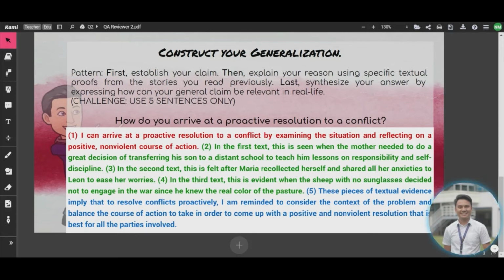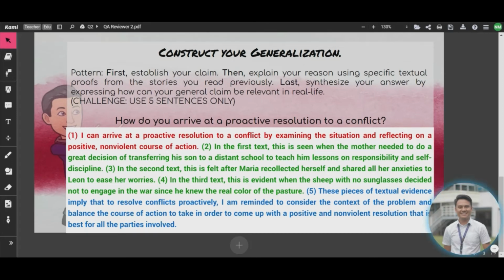So let's read our answer. I can arrive at a proactive resolution to a conflict by examining the situation and reflecting on a positive, non-violent course of action. In the first text, this is seen when the mother needed to make a great decision of transferring his son to a distant school to teach him lessons on responsibility and self-discipline.